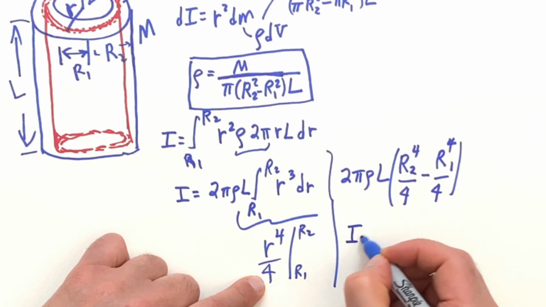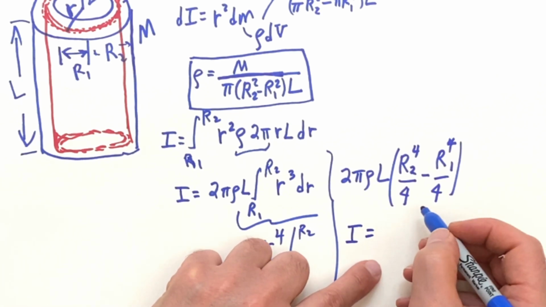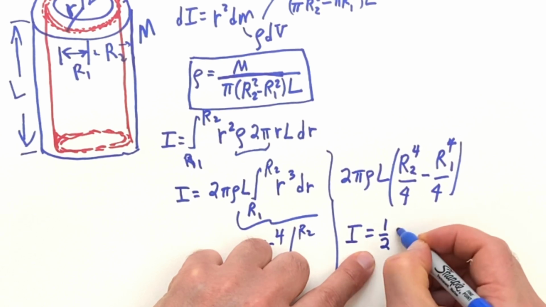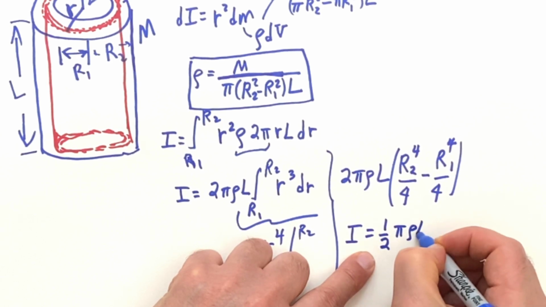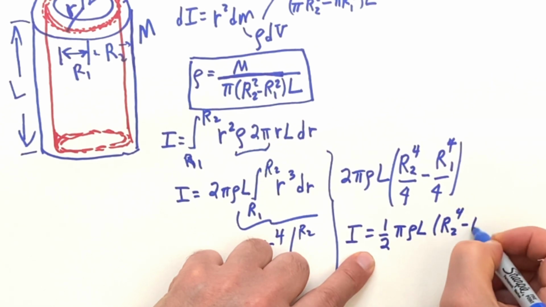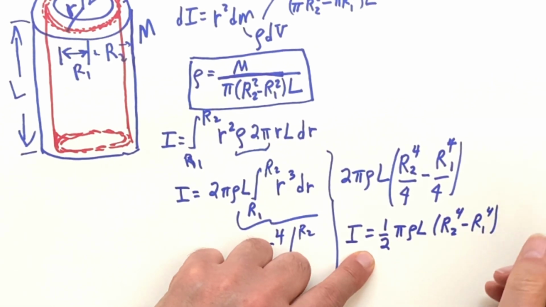Now we can simplify a little bit. We can pull out the 4, so 2 over 4 is 1/2 pi rho L, and then we have R2 to the 4th minus R1 to the 4th.